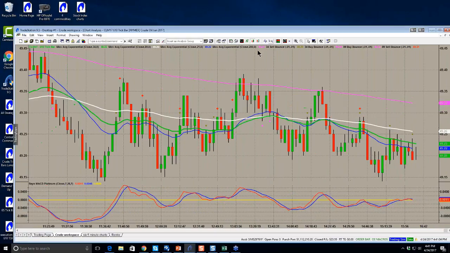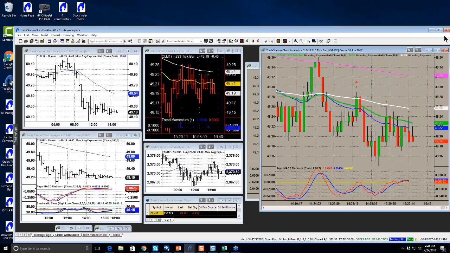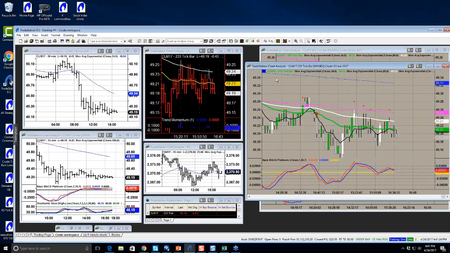But I want to show you how these relate. The current price of the 610 is 49.23. Now that is the 34 exponential moving average on our anchor chart called 610. Let's take a look at the price of the 34, the 21, and the 89 in this 233 tick chart.